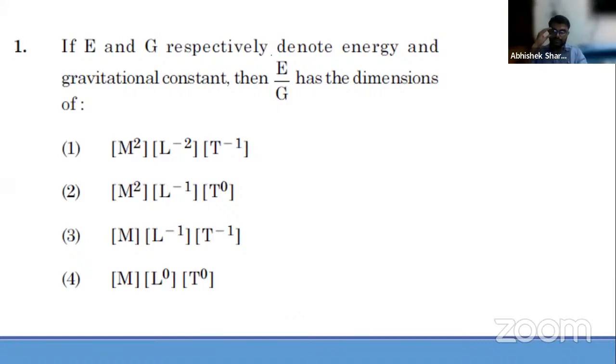Okay, so let us start. Everyone is fine? So see, this is the first question. This is from NEET 2021.